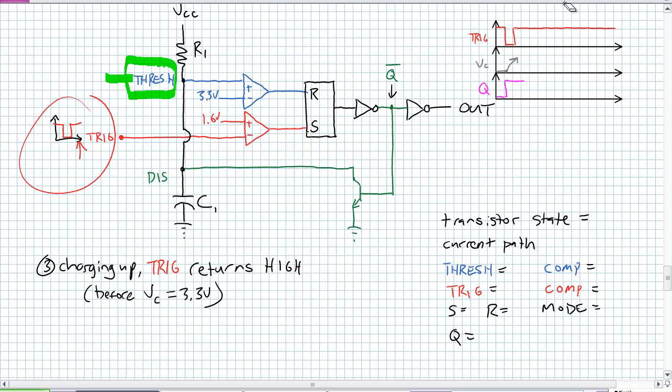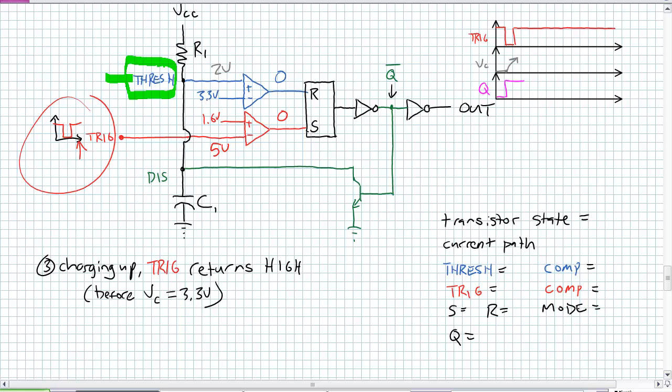What's the voltage input right now for this threshold? 2 volts. The blue comparator, what's happening there? It's still a 0. What happened though to our lower comparator? If trigger went to 1 or 5 volts, what happens there? It's 0. We were initially in a Q1 state from our previous transition.